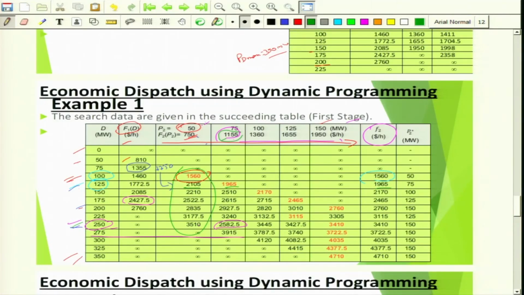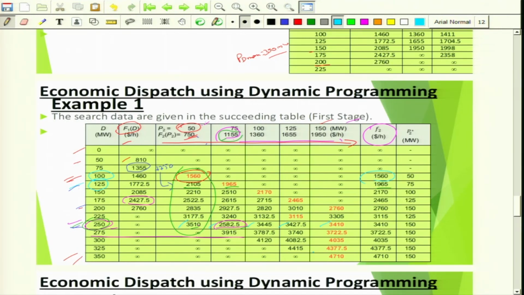Like that, let's say this is where you get 250 megawatt of load demand. Now 250 megawatt of load demand can be catered at different combinations of generation from generator 2, which is either 50 megawatt, or 75, or 100, or 125, or even 150 also.